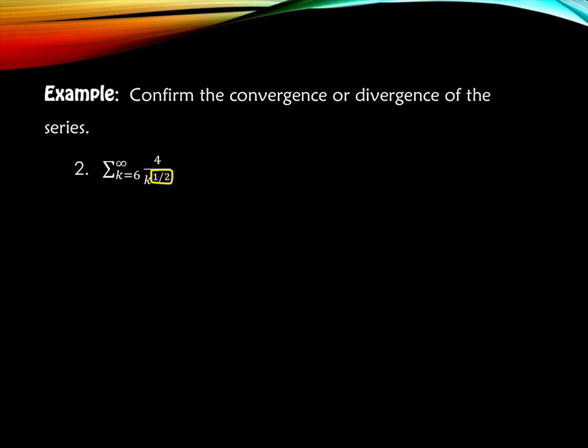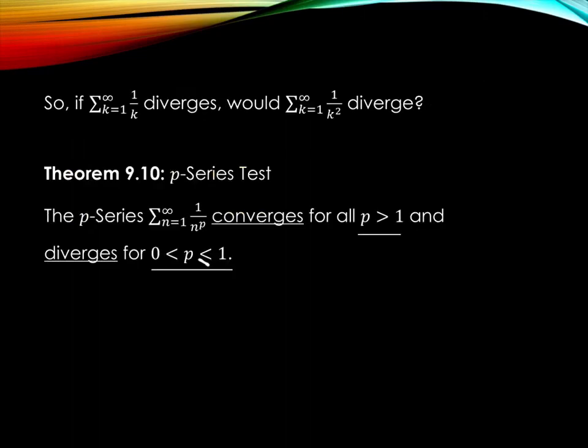Which one is it? It's less than 1, right? So the p-value, which is 1/2, is less than 1. So what did the P-series test say is going to happen? It diverges.